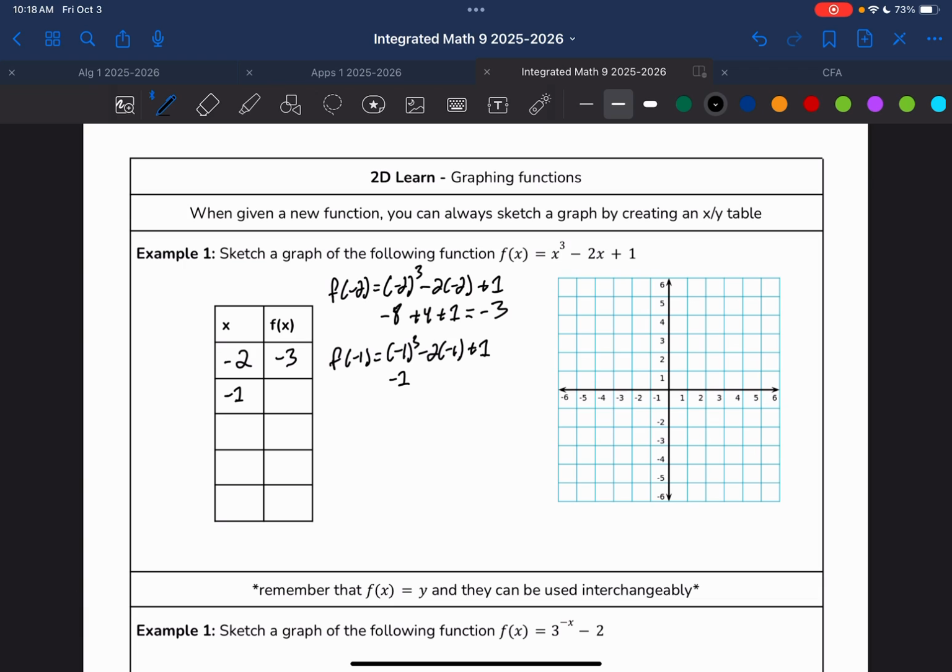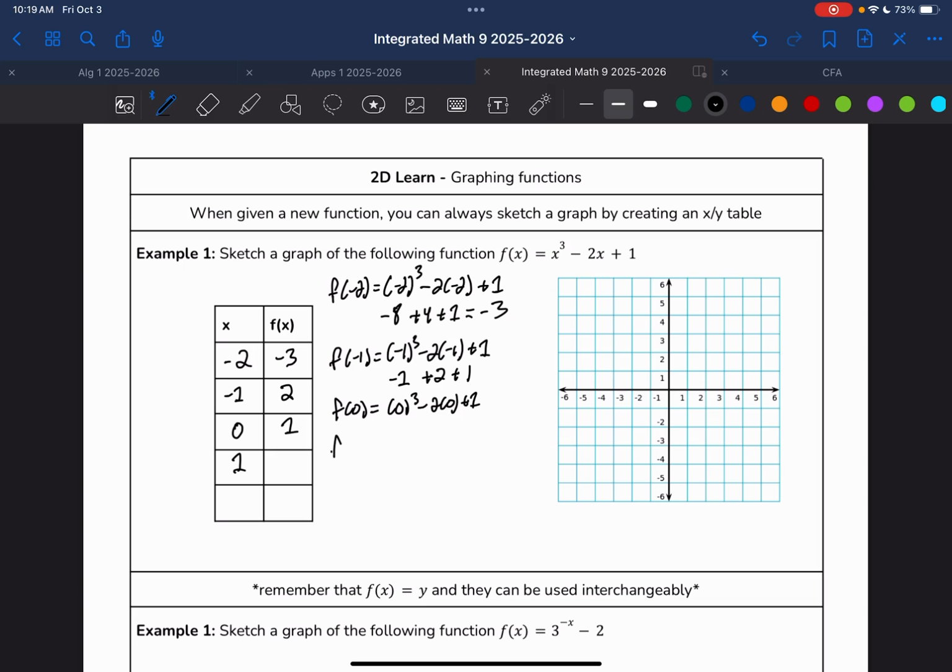That's going to be -1 plus 2 plus 1, which is 2. If I plug in 0, I get 0 cubed minus 2 times 0 plus 1. That's just going to be 1 because those first two terms become 0.